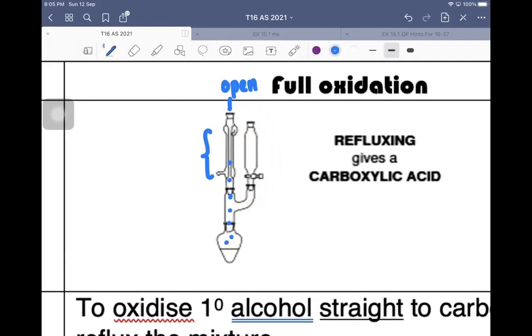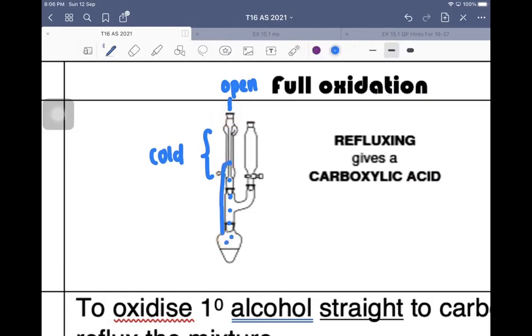If you have any aldehyde in this reaction, your aldehyde will try to escape. Even though this end of the Liebig condenser is open, once the aldehyde vapor reaches the cold Liebig condenser, it turns into liquid. And once it becomes a liquid, it falls back into the flask.